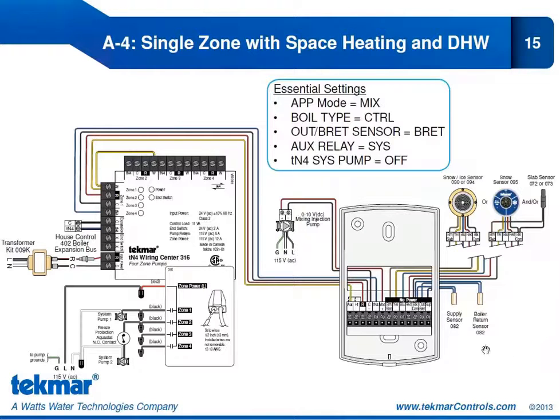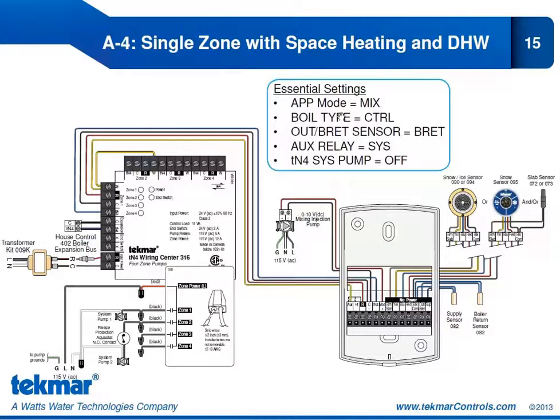And we have the boiler return sensor going to that shared out boiler return terminal. And when we do that, of course, we have to get the outdoor temperature elsewhere on our TechMarnet system, which can be done since we are connecting to a house control as well. And we also have our mix supply coming into the supply sensor terminal.